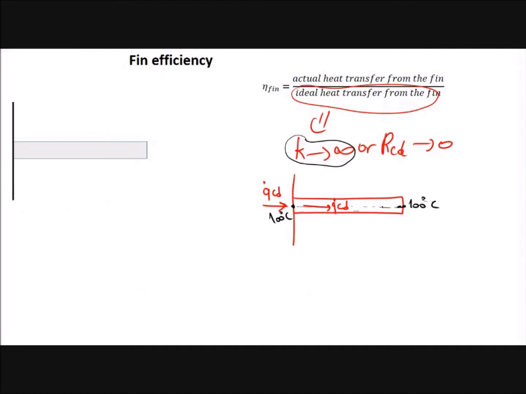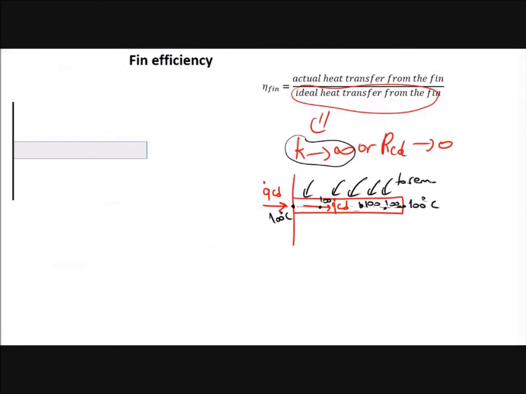You have 100, 100, 80, 80. And then we are comparing the actual one with the ideal one. If it is ideal, everywhere temperature is 100. If everywhere temperature is 100, the Q conduction is best. If the conduction heat transfer is best, whatever is left is to be removed by air.